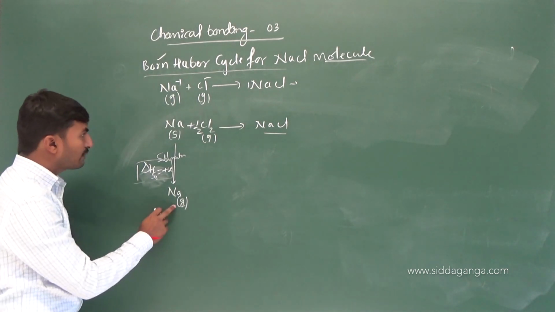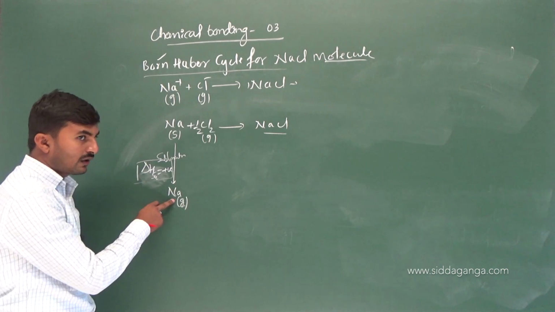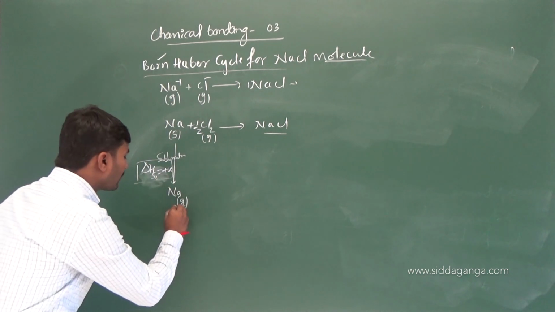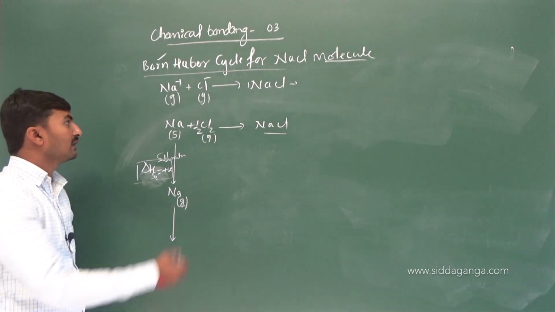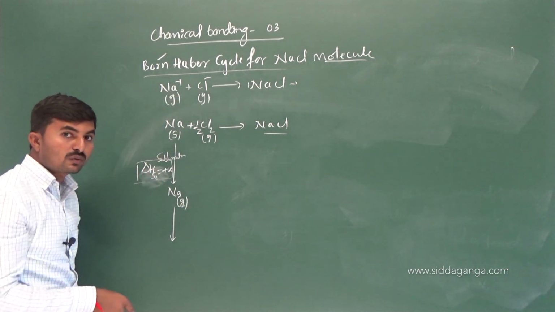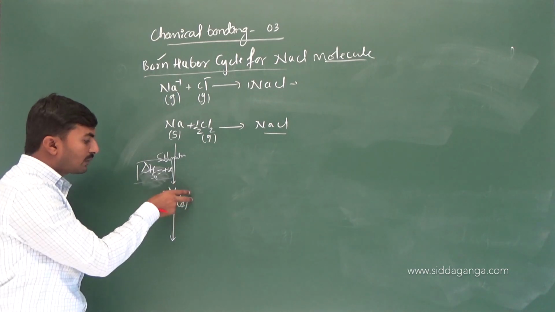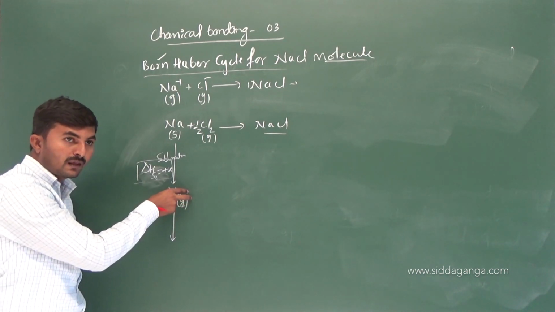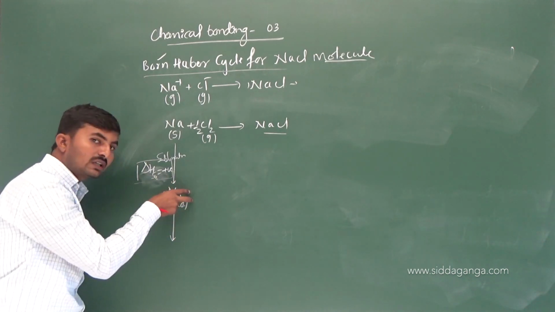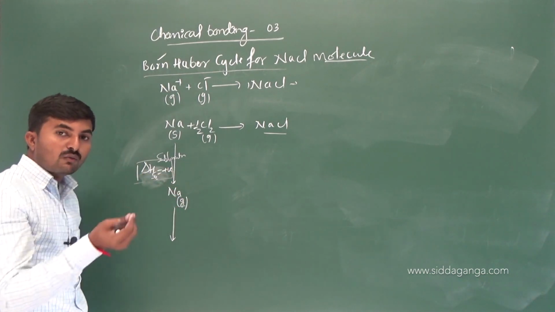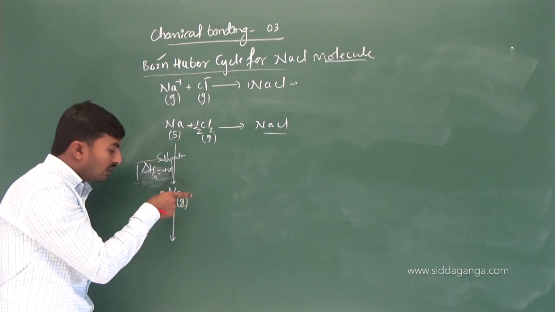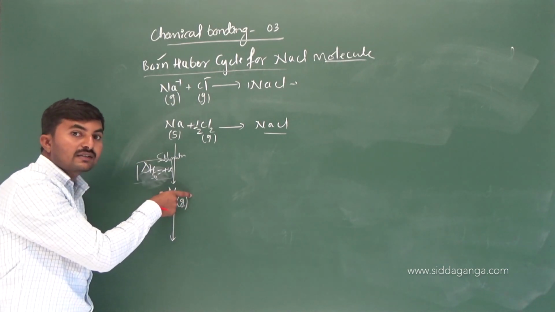Followed by, now we have prepared the gaseous sodium atom, but what we want is the sodium cation. In order to convert this gaseous sodium atom into sodium ion, we remove one electron from the outermost shell of the sodium atom. The energy required for the removal of an electron from the valence shell of a gaseous atom is the ionization energy.